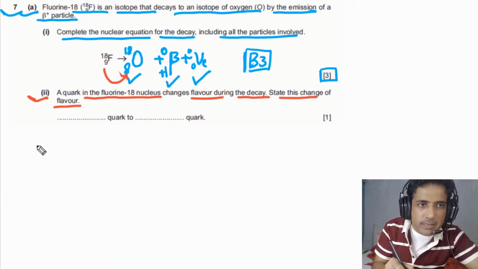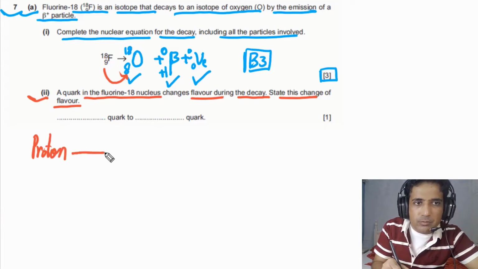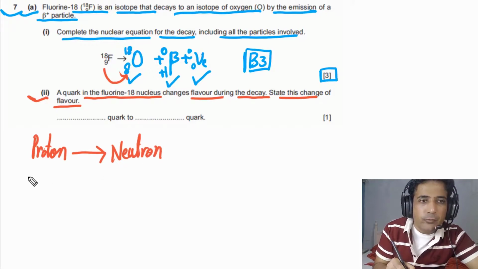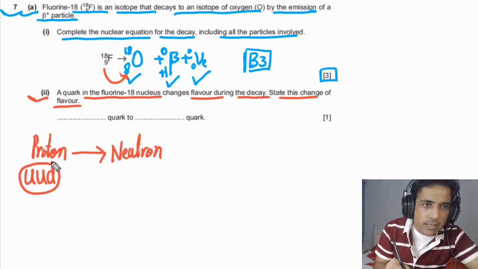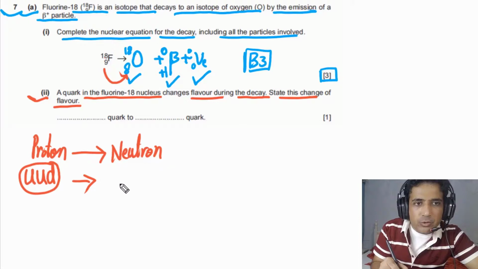It simply means that 1 proton decays into neutron, and this is true in beta plus decay. If you look at composition, proton has 2 up quarks and 1 down quark. And neutron has 1 up quark and 2 down quarks.